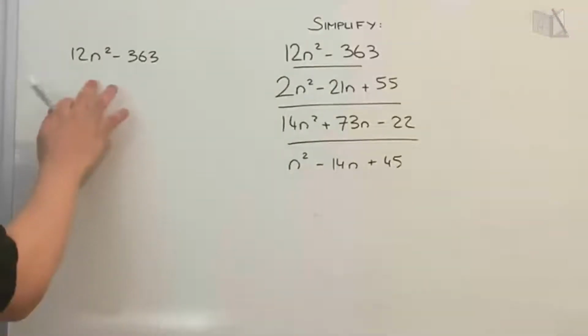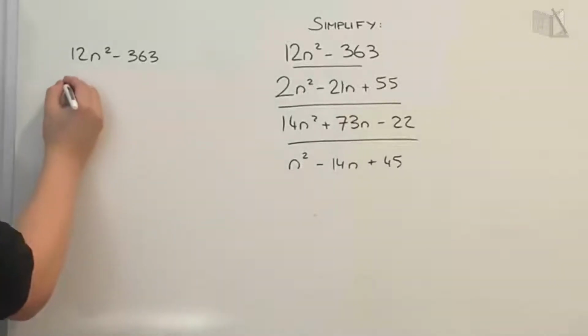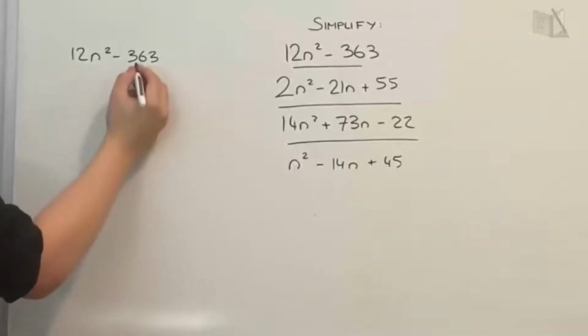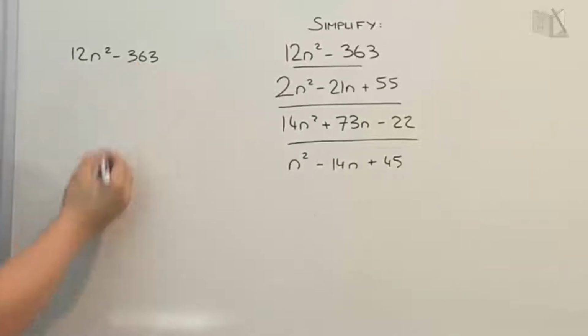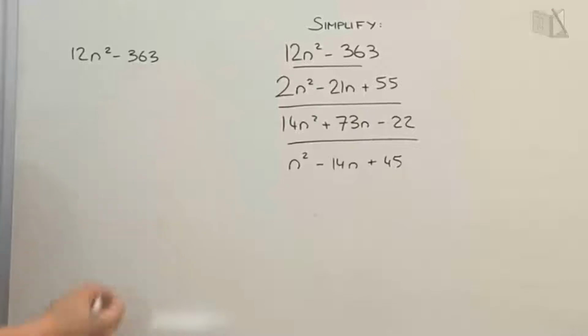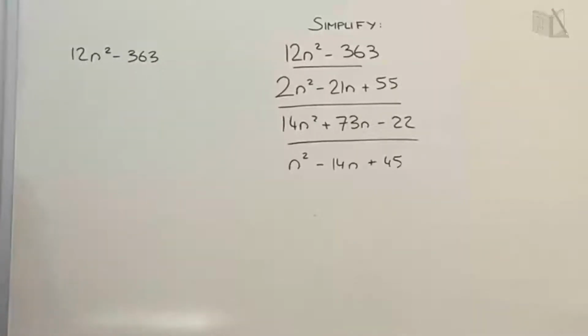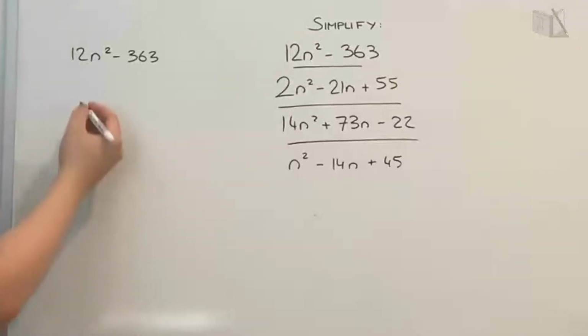I can see that both of these terms are divisible by 3, meaning that I can take out a factor of 3. You can quickly tell whether a large number is divisible by 3 by adding the digits; if the sum of the digits is a multiple of 3, then the entire number is a multiple of 3.